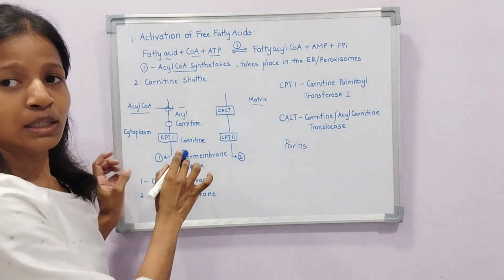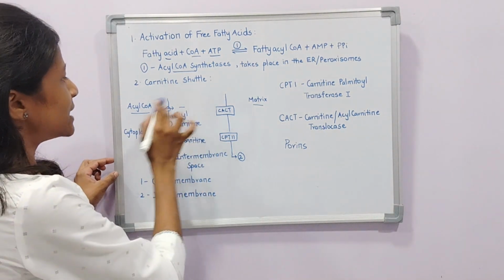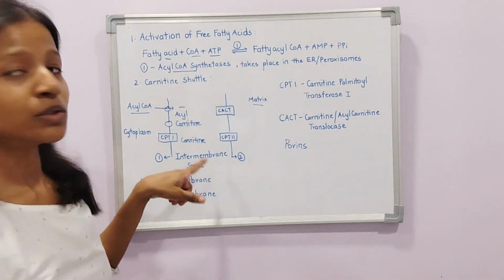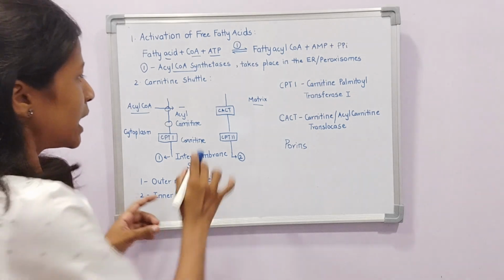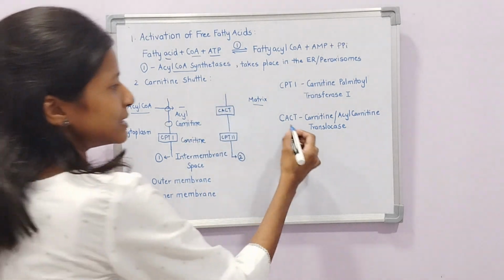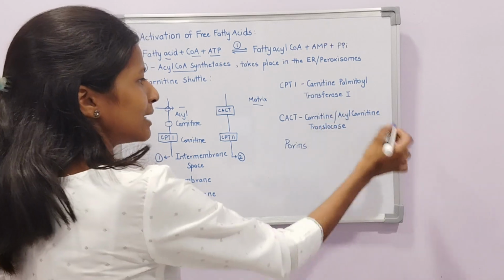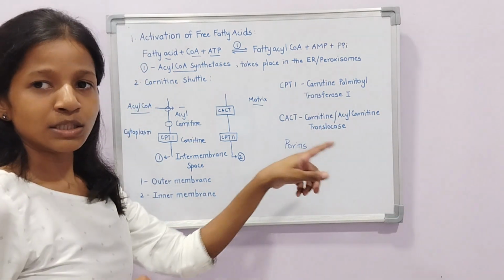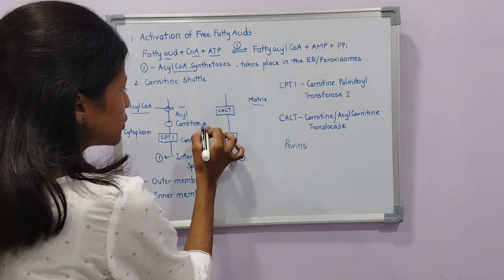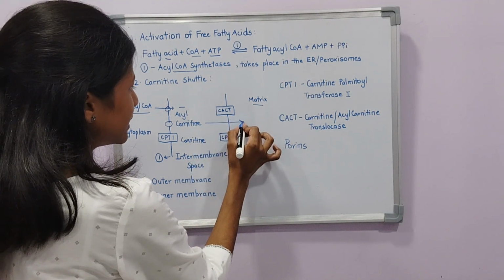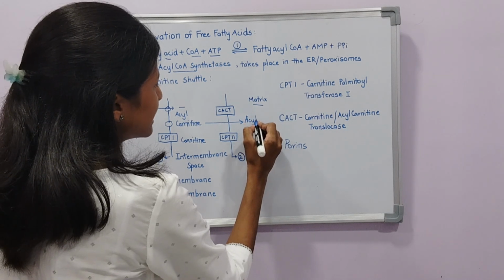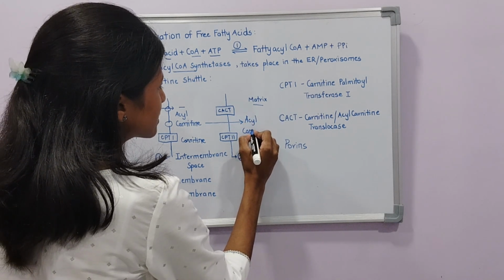So CPT1 adds a molecule of carnitine to the acyl-CoA and generates acyl-carnitine into the intermembrane space. In the inner mitochondrial membrane, there is an enzyme called CACT or carnitine and acyl-carnitine translocase. This enzyme transports the acyl-carnitine into the mitochondrial matrix. So now we have the acyl-carnitine molecule in the matrix.